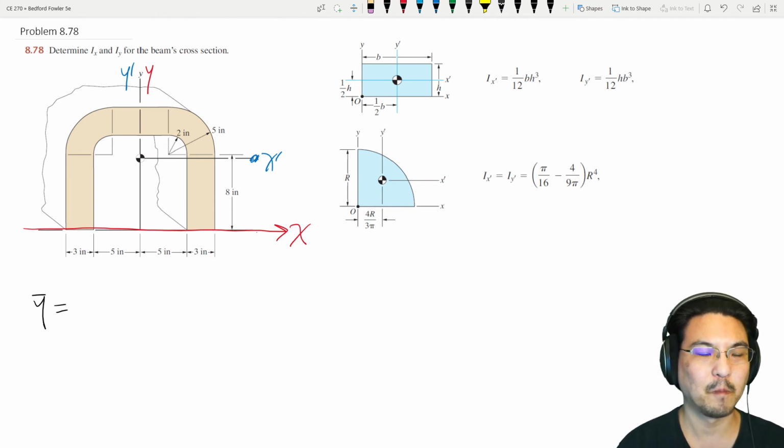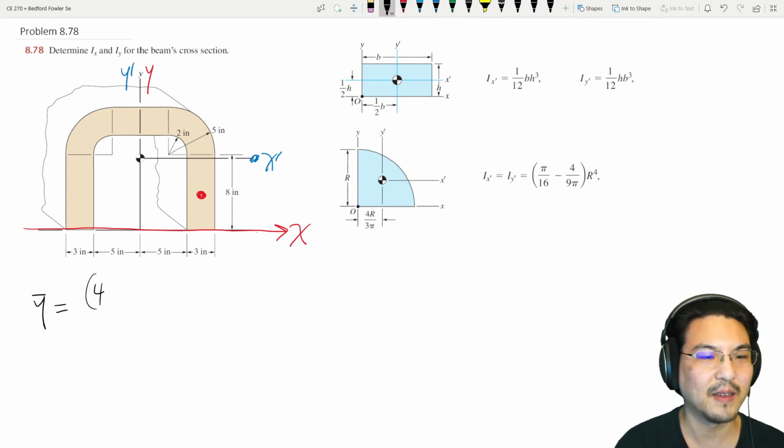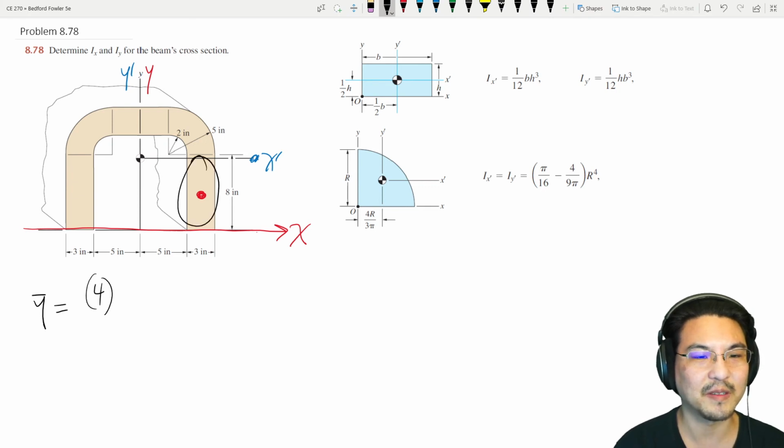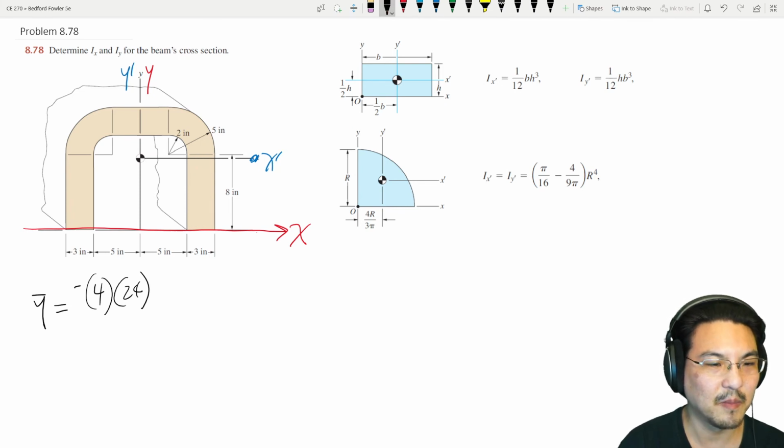Okay, so where's the centroid of this? 4 inches times this area, which is 24. Okay, and then there are 2 of them.